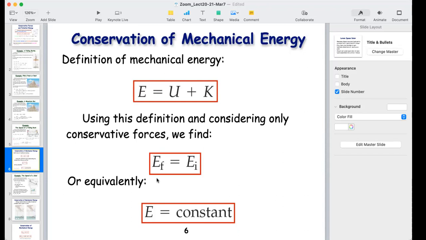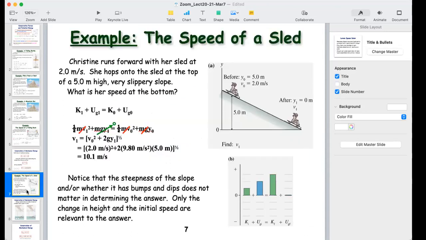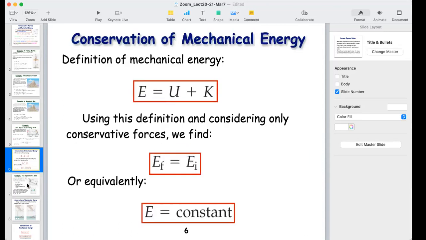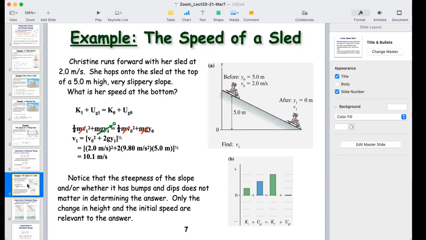Which also means that the energy is constant. It's just changing forms, moving from kinetic to potential and from potential to kinetic, but the total energy is conserved. And this is because there is no consideration of non-conservative forces. So for example, there is no friction. Okay, so said in a very simple way.